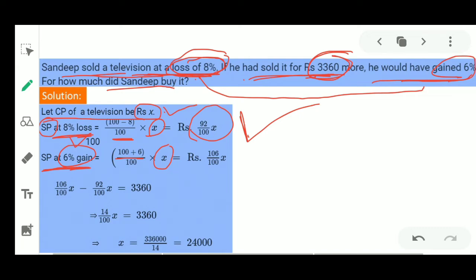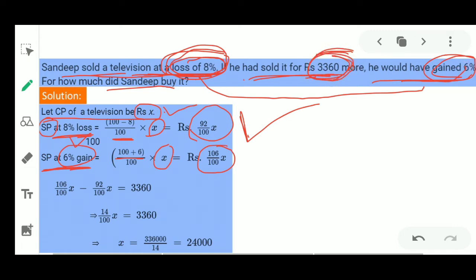So it equal to 100 plus 6, 106 by 100 X. So now as I told you, the difference between the selling price of television at loss of 8% and 6% gain equal to 3360.